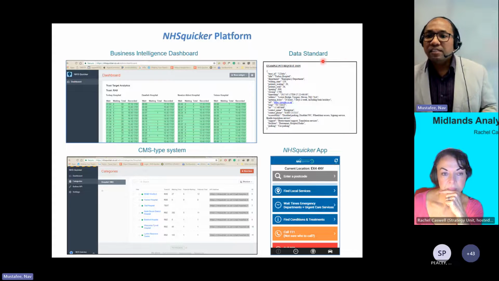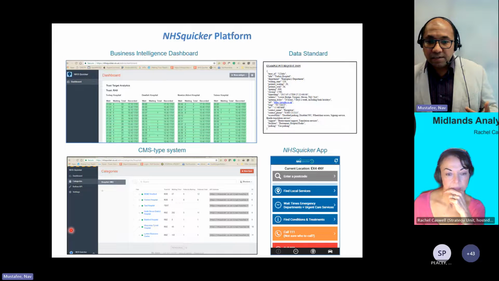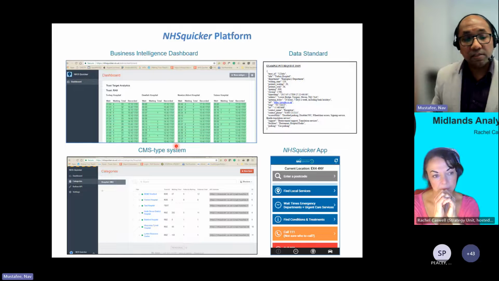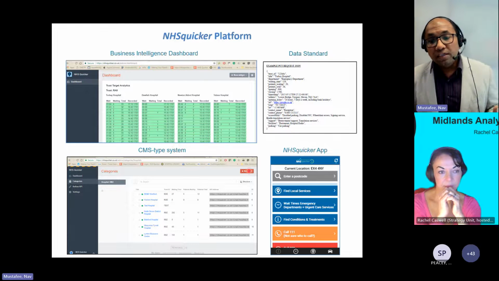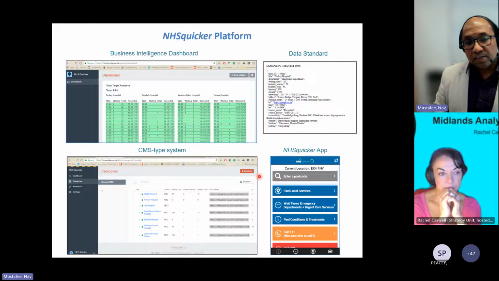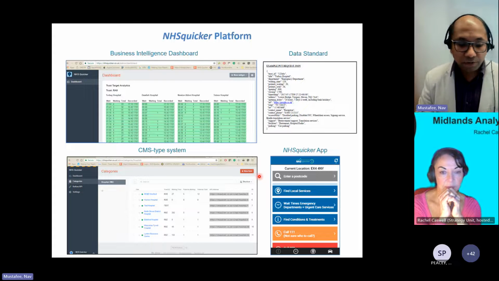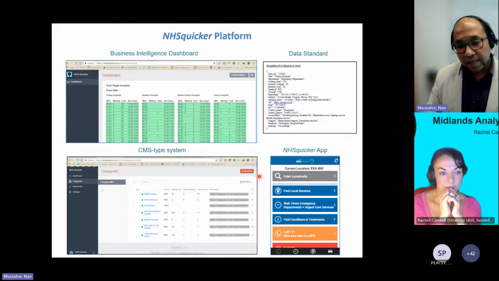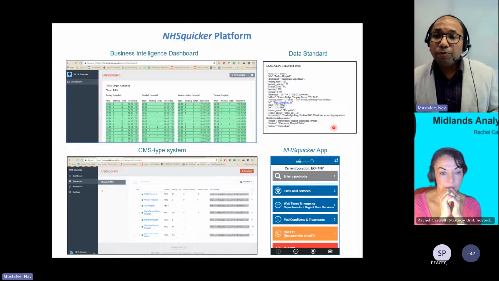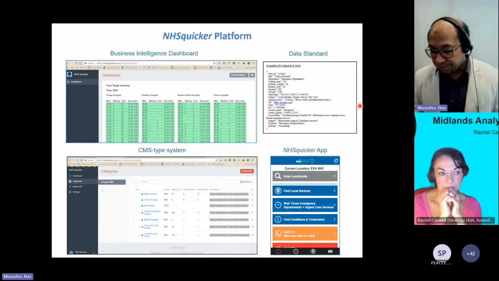It's a JSON format. So this is a data standard. We also have a backend, CMS-type system, a content management system, which allows us to add a new trust. Here you see a new item, which is basically a new trust. We can add a new trust, give them the API details, and add authentication and all of that. And as long as they provide us data in a certain format, NHSquicker will be able to pick it up.